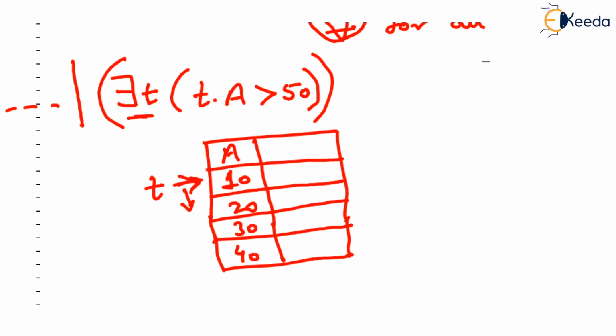Now what have you said is there exists t, remember t is a tuple, such that the value of a is greater than 50. You can read this as there exists at least one tuple where a is greater than 50. And you can see that in this entire relation, there is no such tuple with a greater than 50.